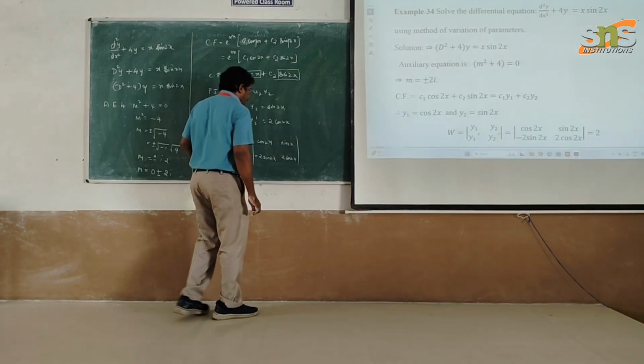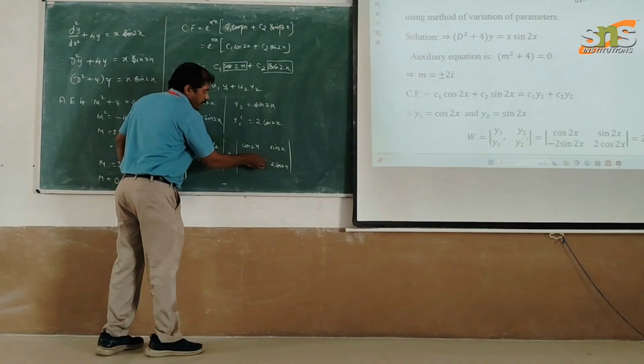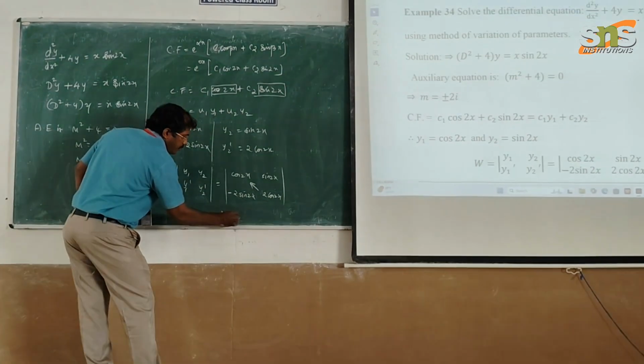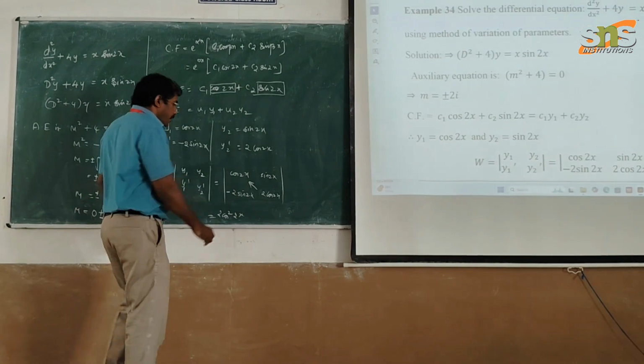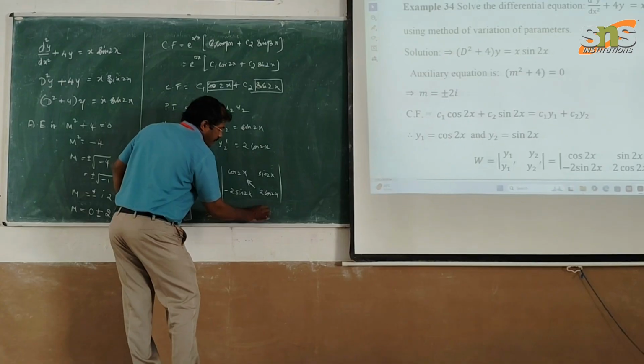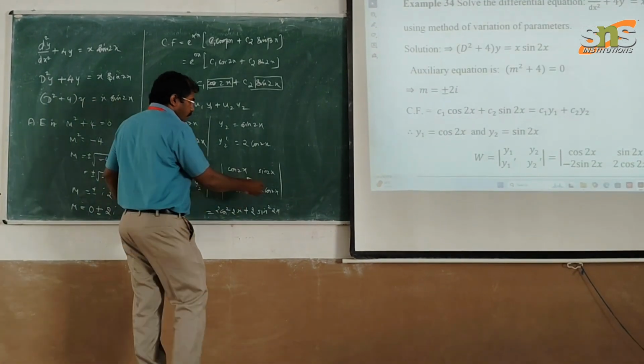Now you can cross multiply, since this is a determinant. When you cross multiply, you get 2 cos square 2x, then minus minus plus 2 sin square 2x.